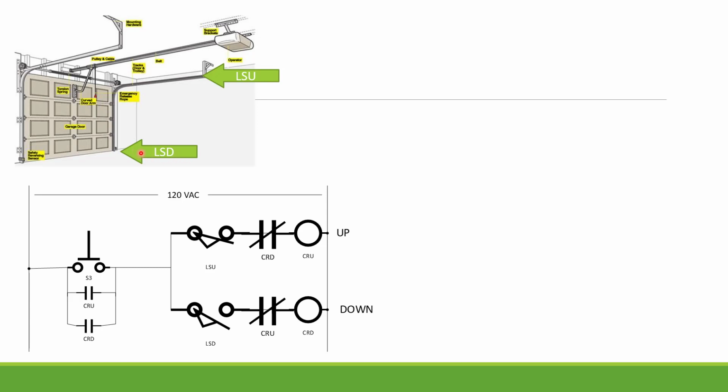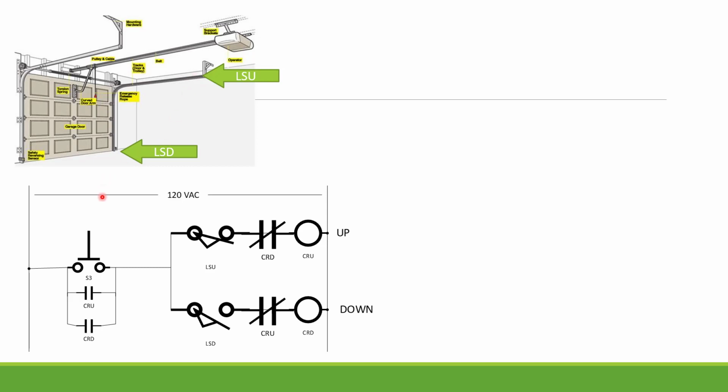So I have one that, whenever the door is down, touches that limit switch and opens it up. And when the door comes off of that limit switch, the limit switch closes. That means that that's a normally closed switch. And I have another one when the door goes all the way up. It's closed until the door reaches it, and when the door touches it, that opens the contacts in that switch.